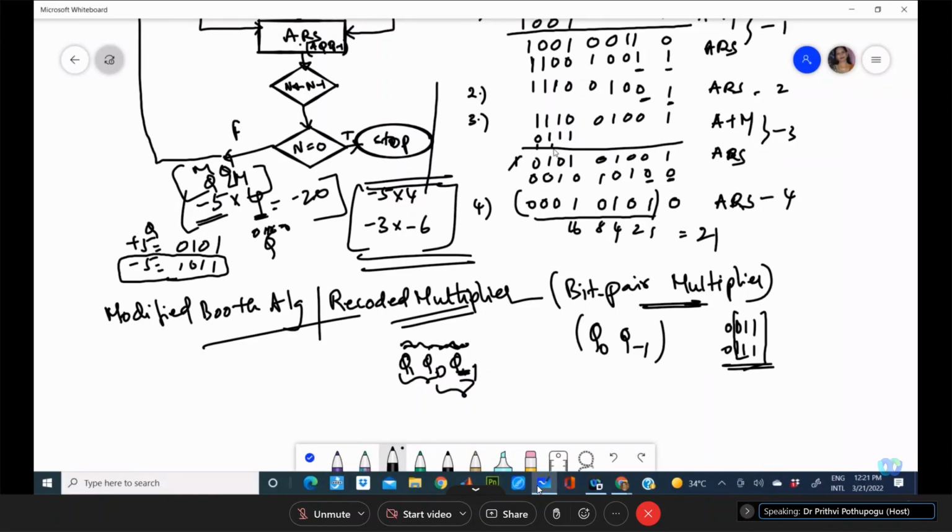That takes care of your result. Okay, take this one also. This one also you try to implement using 3-bit. Check the result of 3 into 7.